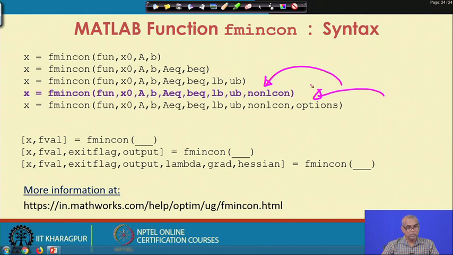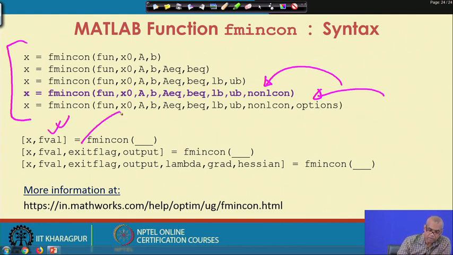Now, here we have written the output of fmincon as only x, that is the decision variable, the solution of the optimization problem. But you can also have the function value at the decision variable.